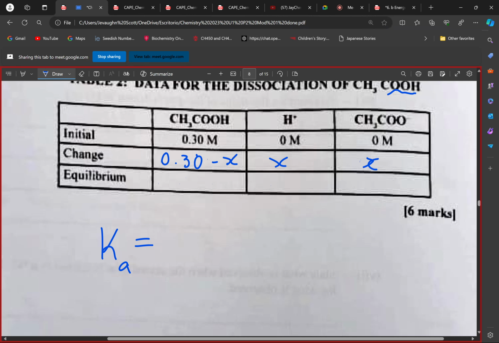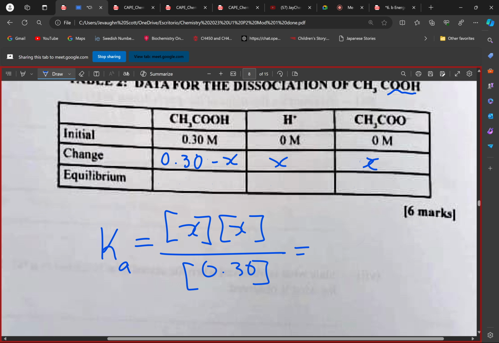So if we write this right, what you're saying is we're gonna have x over 0.30, which is equal to x squared over 0.30. All right, so where do we go from here?